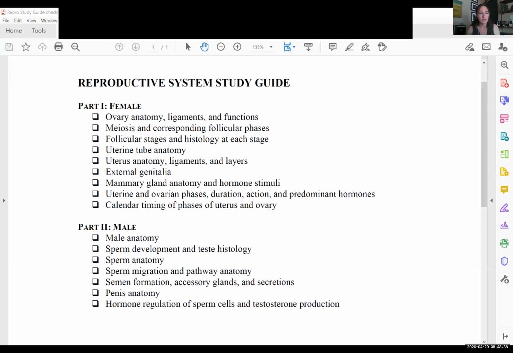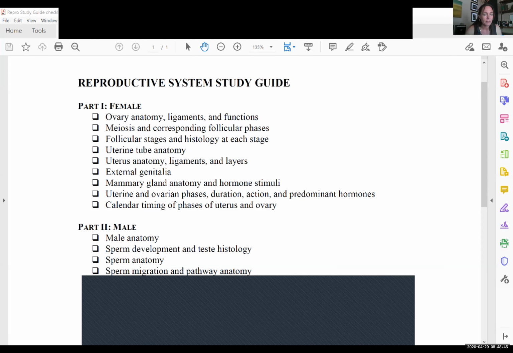But as far as the ligaments go, I'm going to pop up a picture. Those ones, you might need to visualize. Let me find the female reproductive system in the slide set. Okay, that's a better picture.